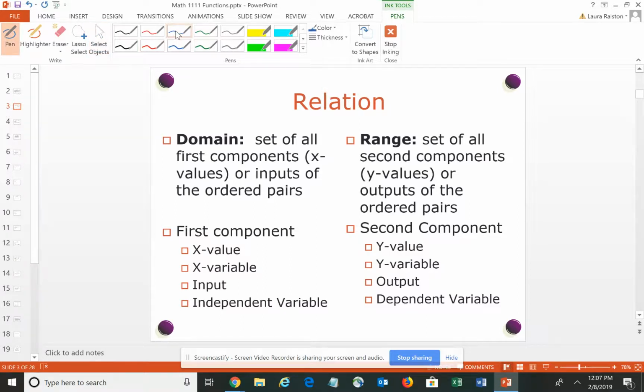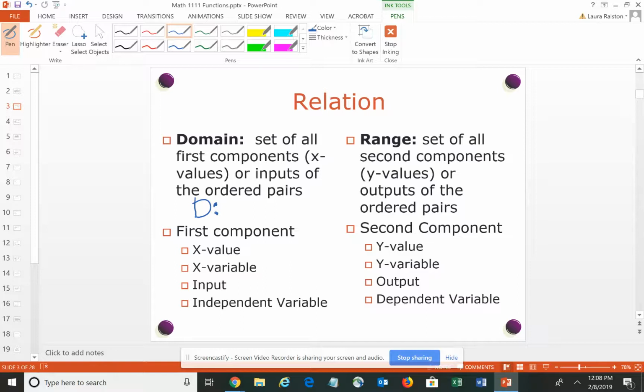And a lot of times, notation-wise in math, we use the letter D to represent a domain. And the domain, again, is simply the first value or your input. It's the X value, the X variable, the input, or sometimes it's called the independent variable. Then you have your corresponding output, or the Y values.